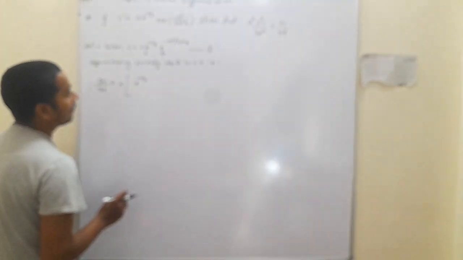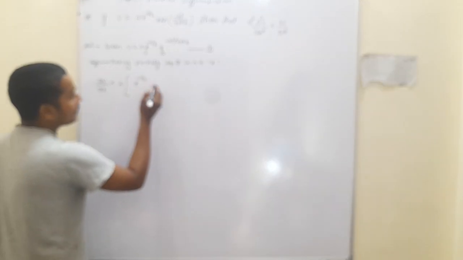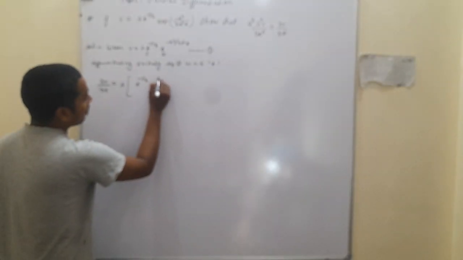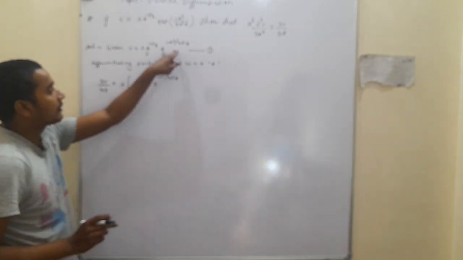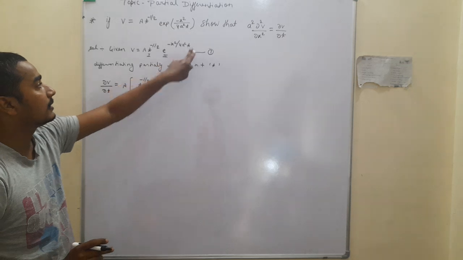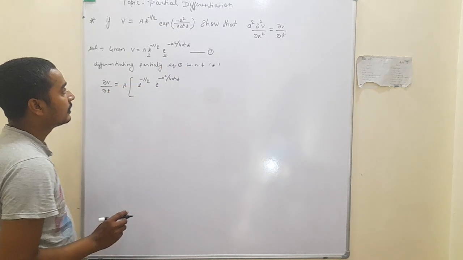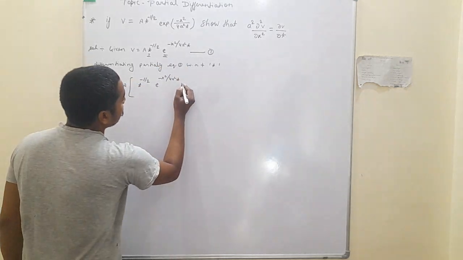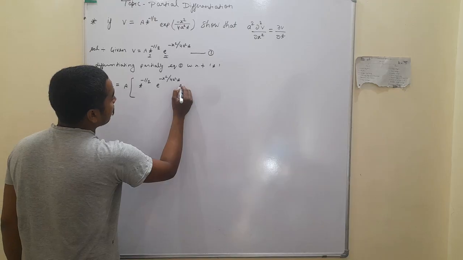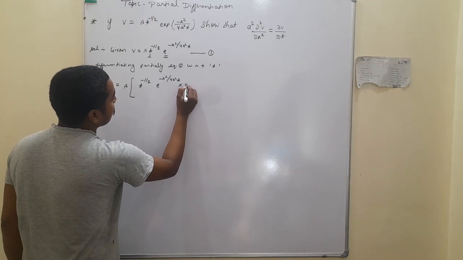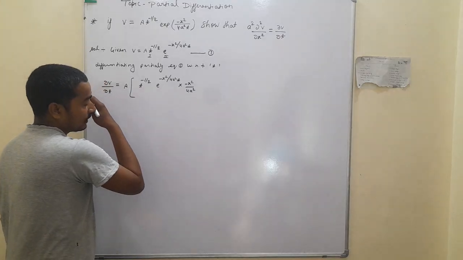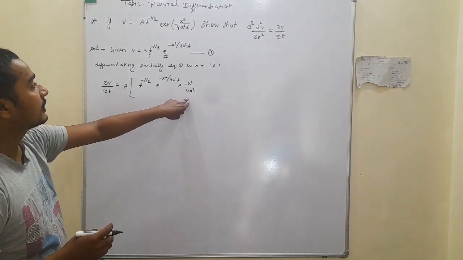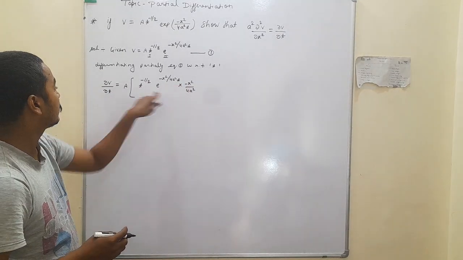function e to the power of minus x square upon 4a square t, this gives e to the power of minus x square upon 4a square t. And again minus x square upon 4a square t differentiating with respect to t, this gives here once again minus x square upon 4a square taken as constant, and 1 by t differentiating with respect to t.